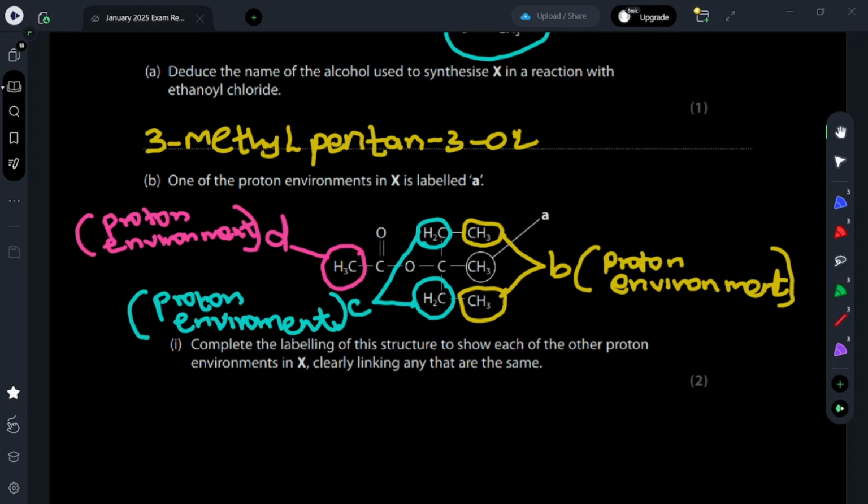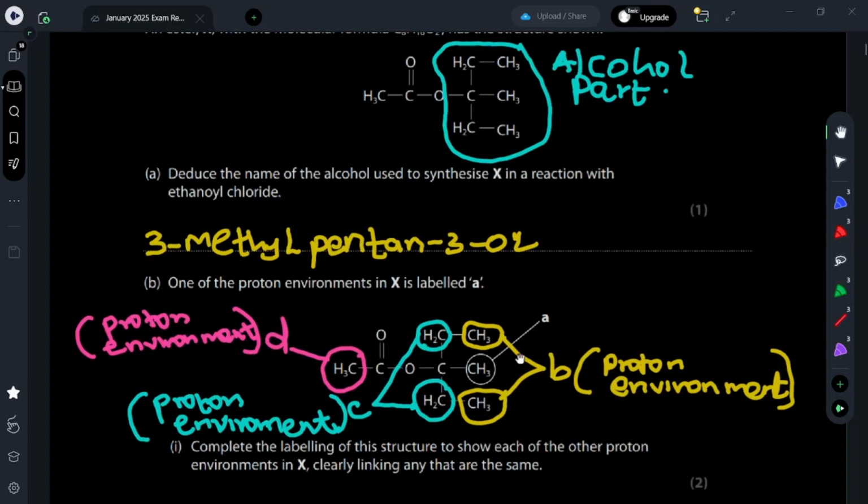Then we have these methyl groups and these other methyl groups having the same environment, so they are going to show the same peak. So this is one other peak for the proton environment. The CH3 here and the CH3 here, they are similar, so they make one proton environment with 6 hydrogens.